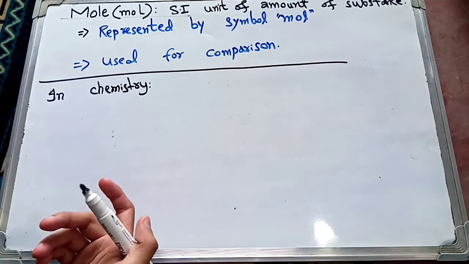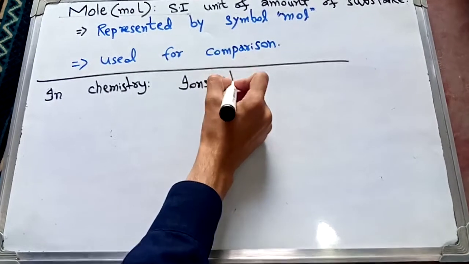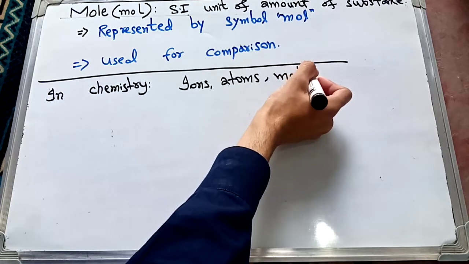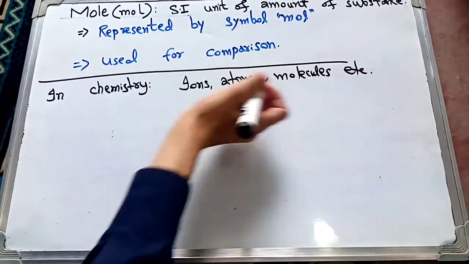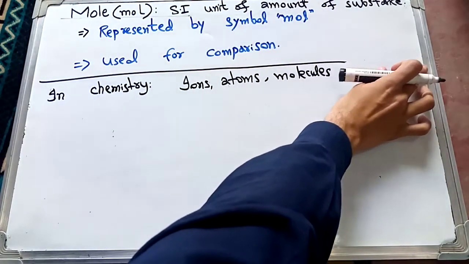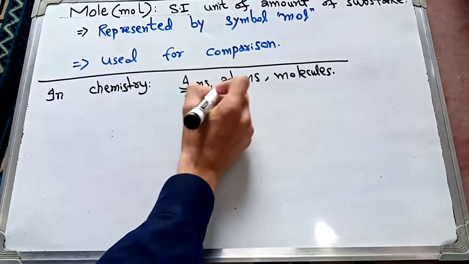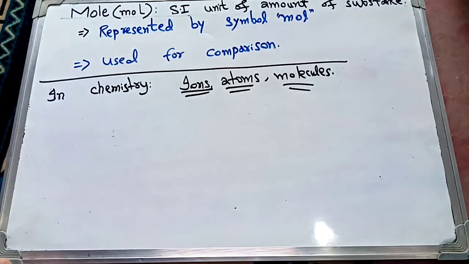And these particles may be ions, atoms, molecules, etc. And these ions, atoms, molecules, they together combine to form substances, okay, different substances.